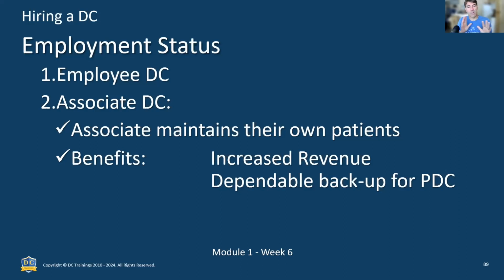Now, I'll just use some really random numbers. These are not accurate numbers, but just for simple math, let's say that they're paying $1,000 a month to rent space in your office. And in addition to that, they're going to cover you for 10 days a year as a relief doctor to see your patients while you're on vacation. Just easy numbers to keep the math simple. So $1,000 a month is coming into the practice in rent. For 10 days a year, let's say that you're paying $500 a day. I don't know what the rate would be, but again, I'm using simple math.